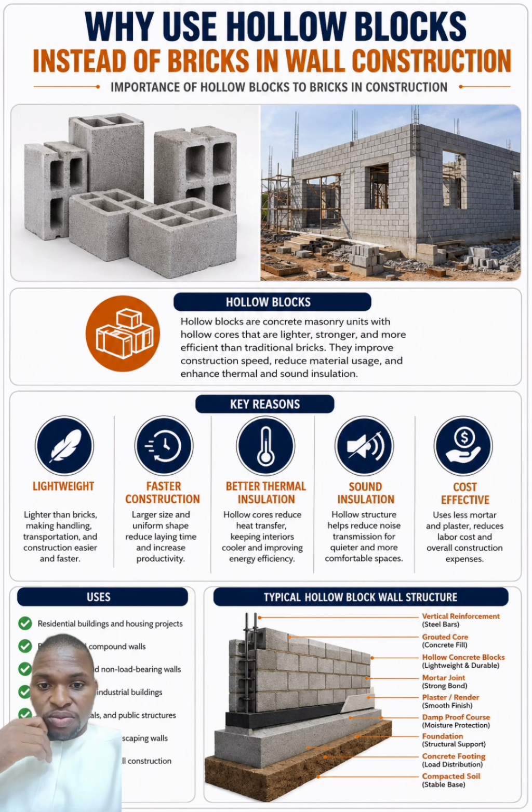Then the next point is better thermal insulation. Hollow core reduces heat transfer, keeping the interior cooler and improving energy efficiency. You can see that hollow blocks tend to help reduce heat transfer.